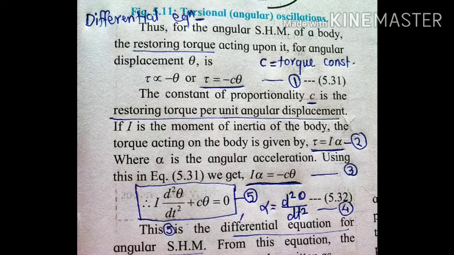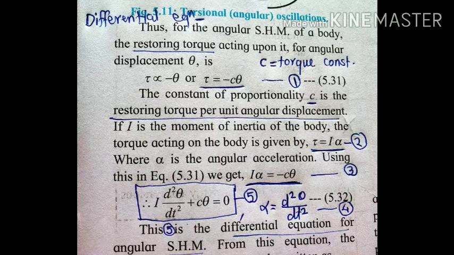The analogy or similarity is, for example, a force applied to the body produces linear motion along a straight line, and the torque, that is two equal and opposite forces acting at two different points of the body, produces the rotational motion.